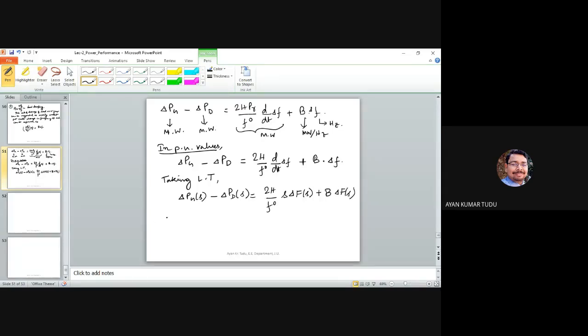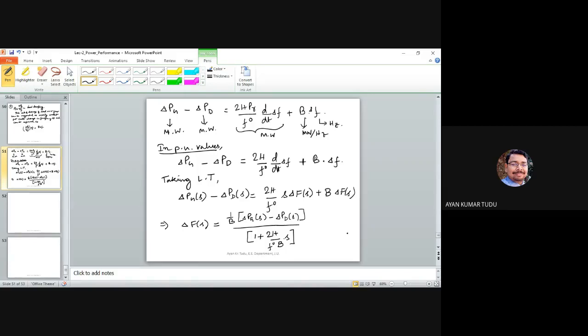Okay, if we take delta F(s) common, we get delta F(s) is equal to 1 by B times delta PG(s) minus delta PD(s), divided by 1 plus 2H by f naught B into s, correct?